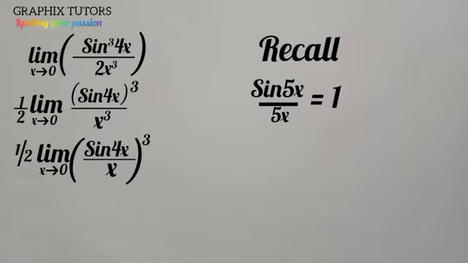So we'll find a way of manipulating sin 4x over x to make sure that the variable at the denominator, that is under the division sign, is the same as what is in front of the sin. Now what is in front of the sin is 4x, so that means I need to put 4x under the sin, right? So I'll be having sin 4x over 4x, but now it is not balanced.